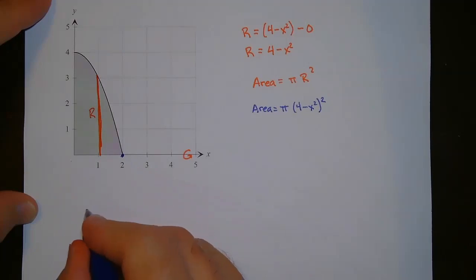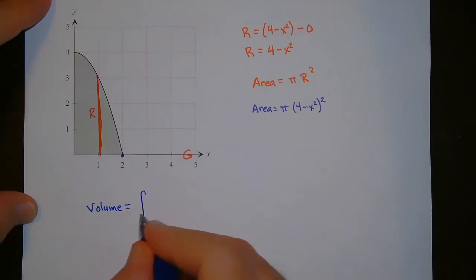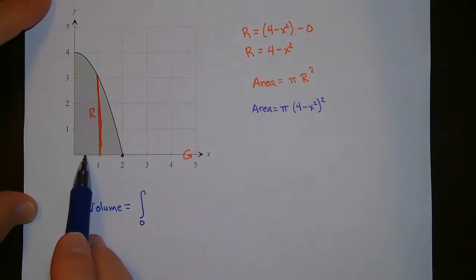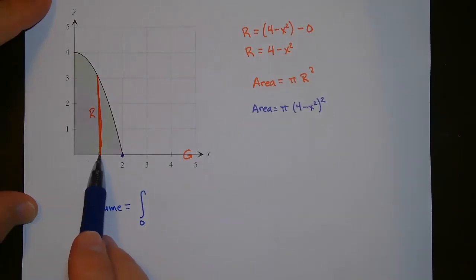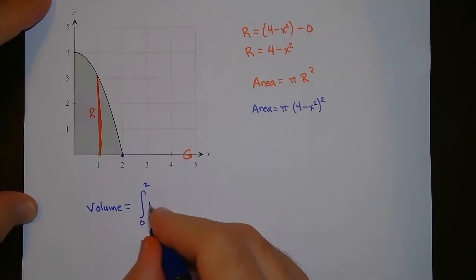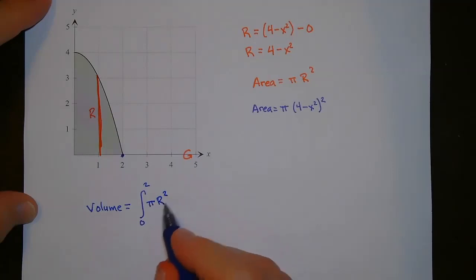So the general formula for this one is going to be the volume is equal to the integral of, well, we're going to start creating these at 0. So the thicknesses are going to start at 0, and we're going to start making a whole bunch of them, really, really, really thin ones until 2, okay? And then pi times big R squared, that's the area formula, right?